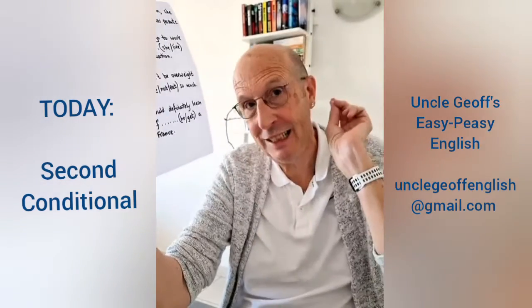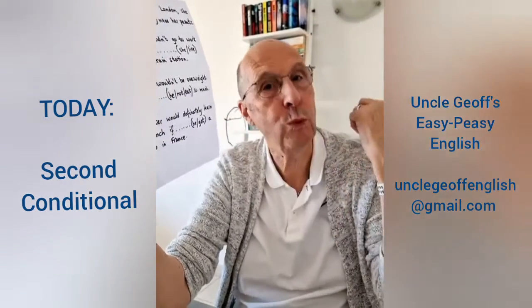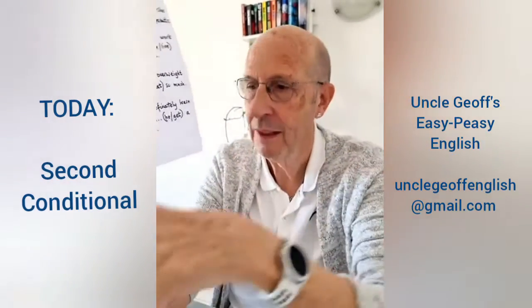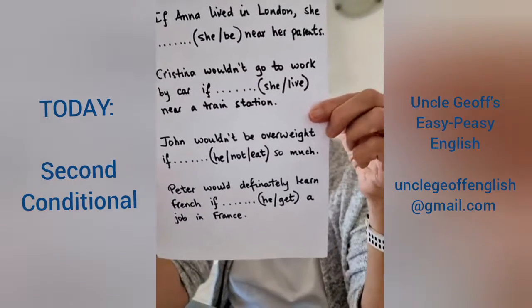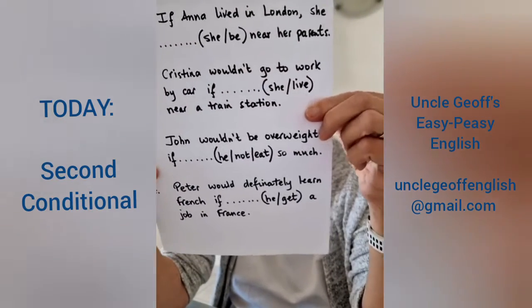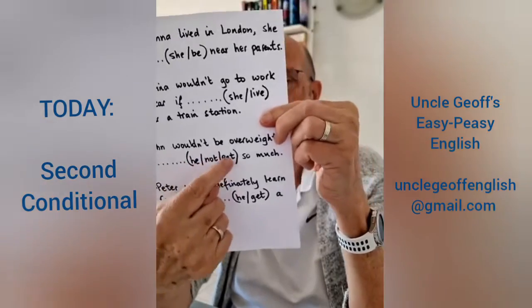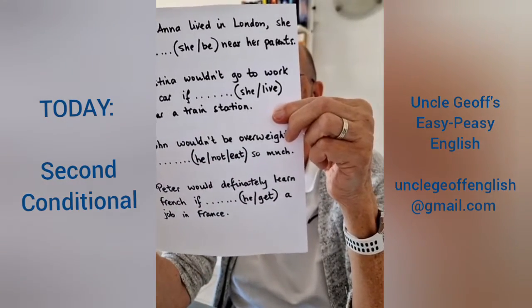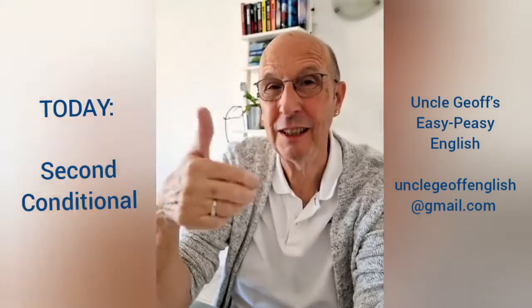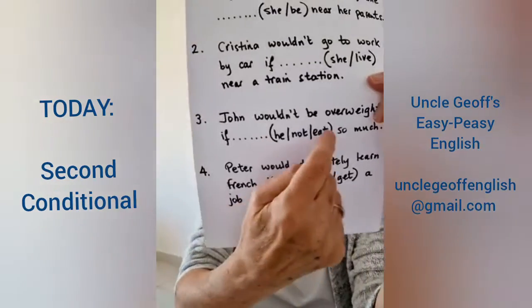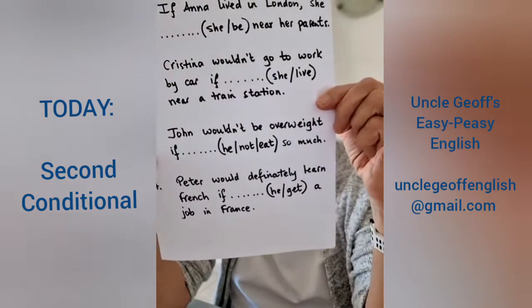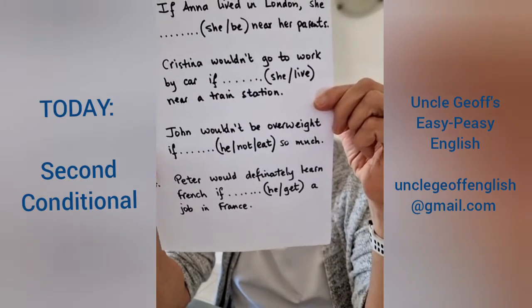But if he didn't eat so much, he wouldn't be overweight. So past simple plus would. John wouldn't be overweight if he didn't eat so much. He did not eat so much. And because did is a modal verb, the next verb is always infinitive, and that's why it's eat. He didn't eat so much.